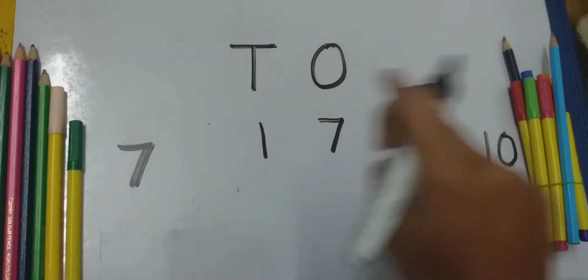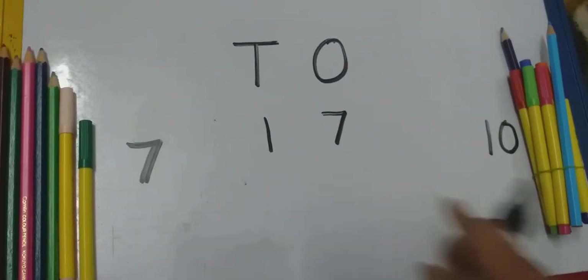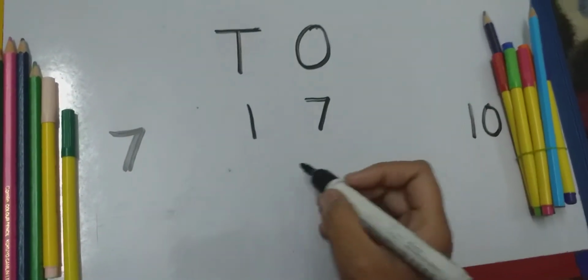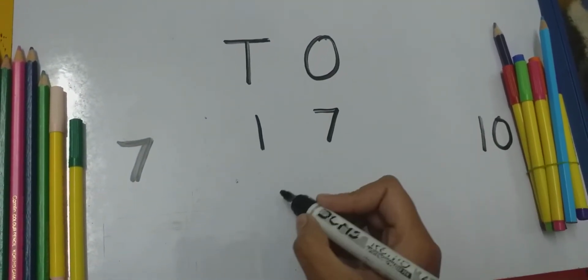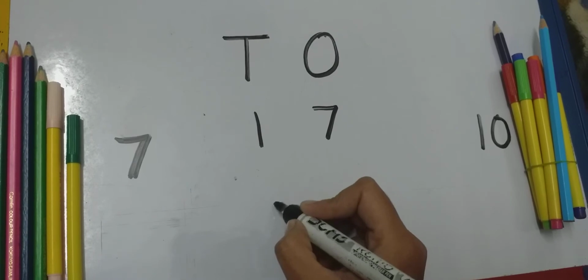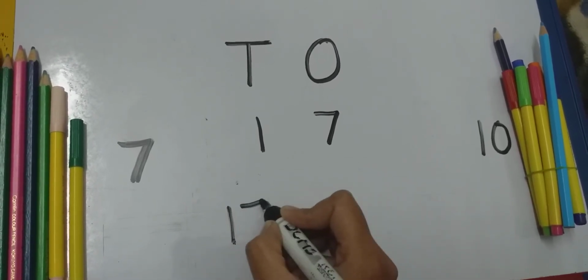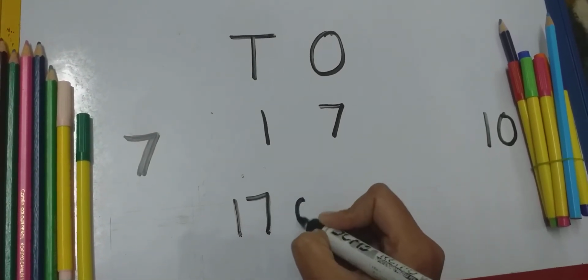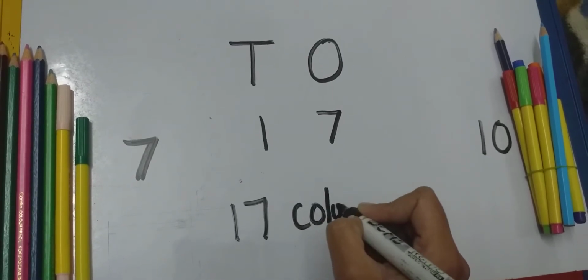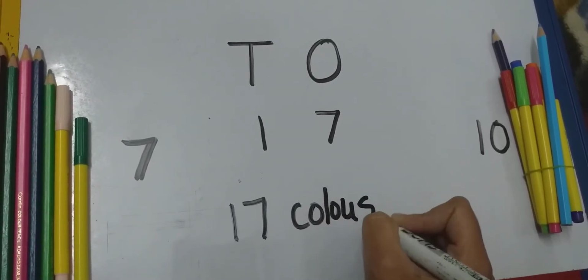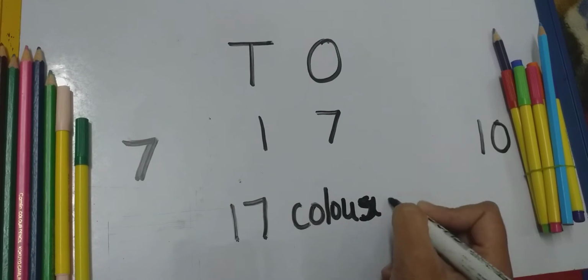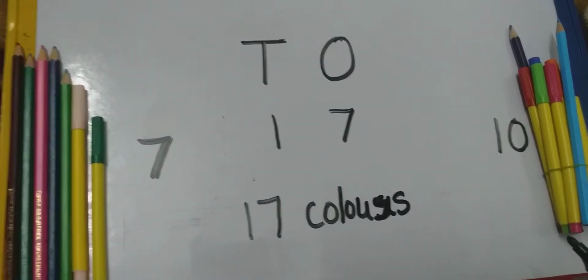So how many colors are there in total? In total, we have 17 colors.